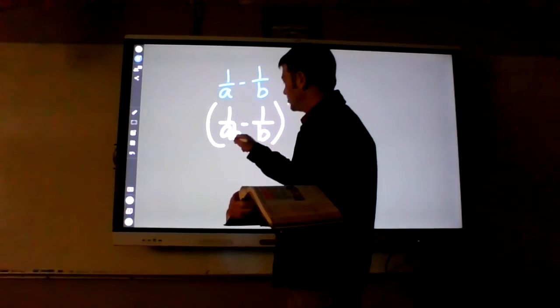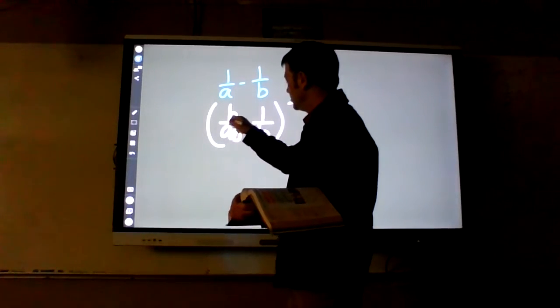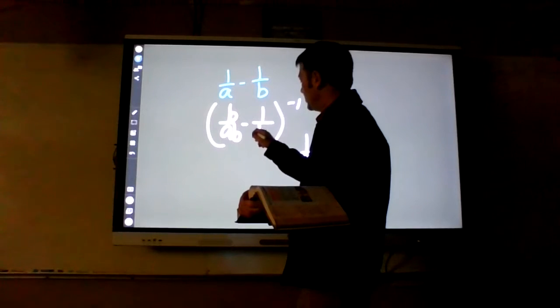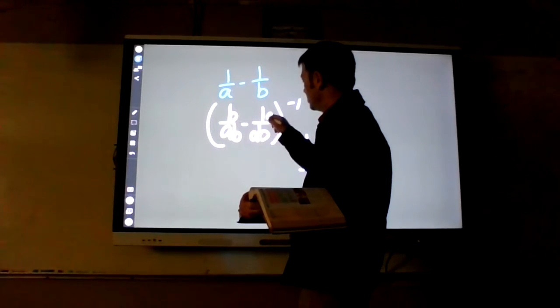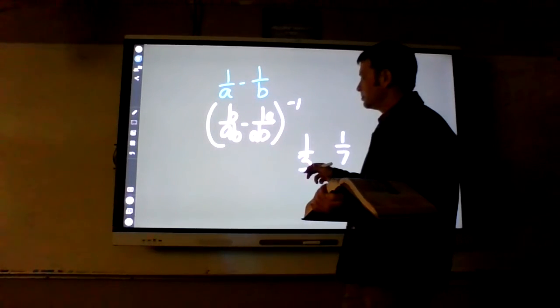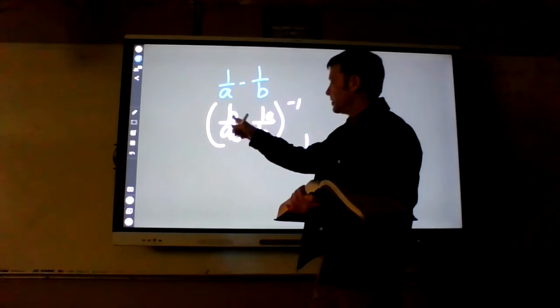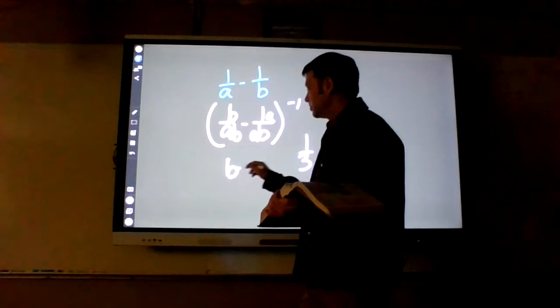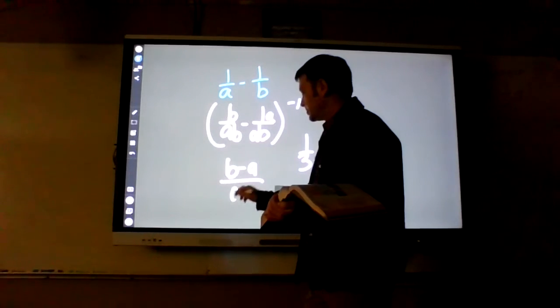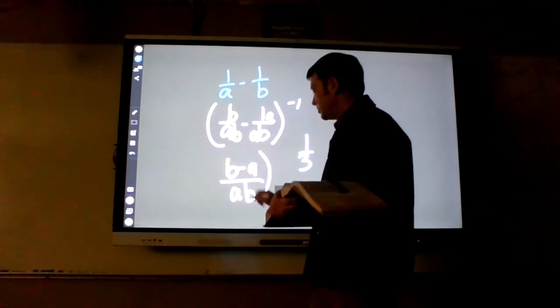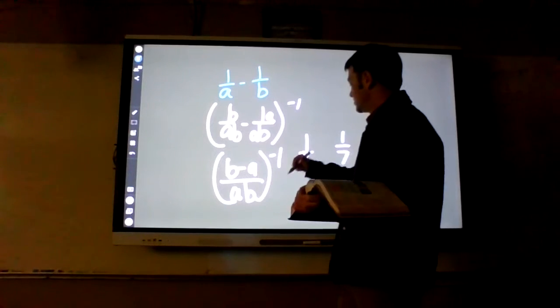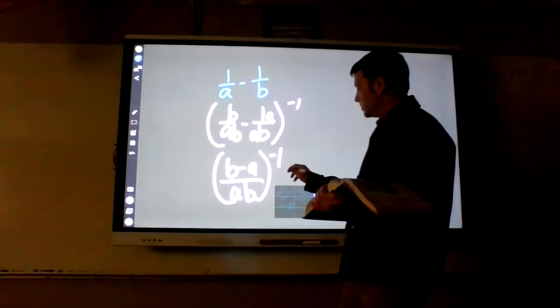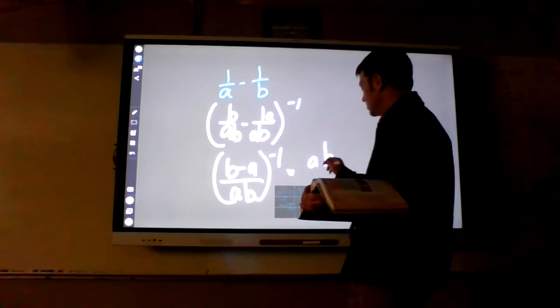So this one needs multiplying by b, and this one needs multiplying by a. So on the top is b minus a, over ab, and the denominator stays the same. Then you flip it, because all that's to the -1, so it all gets flipped.